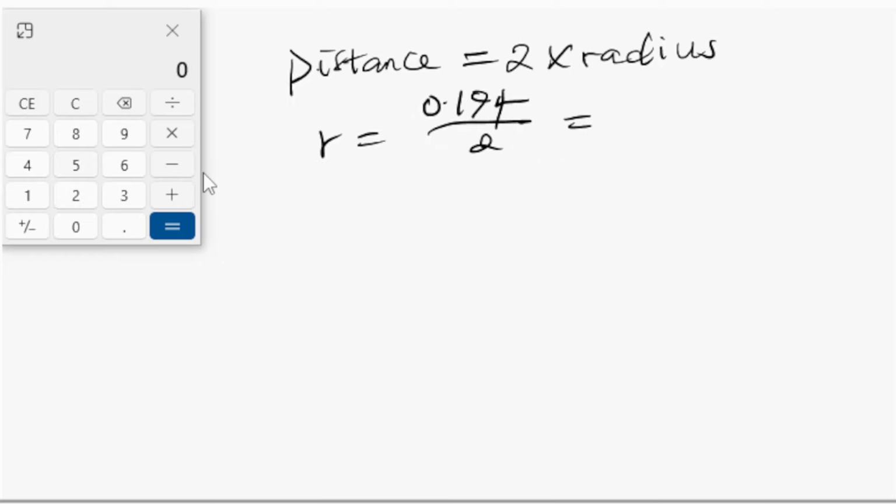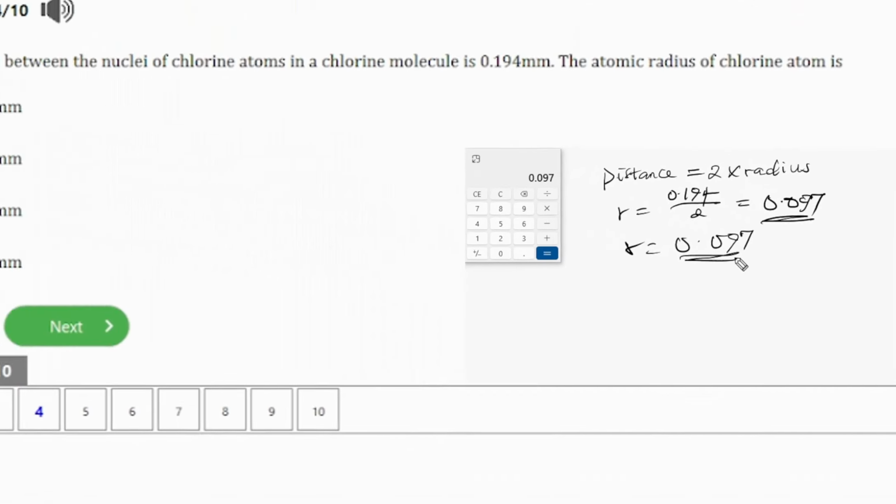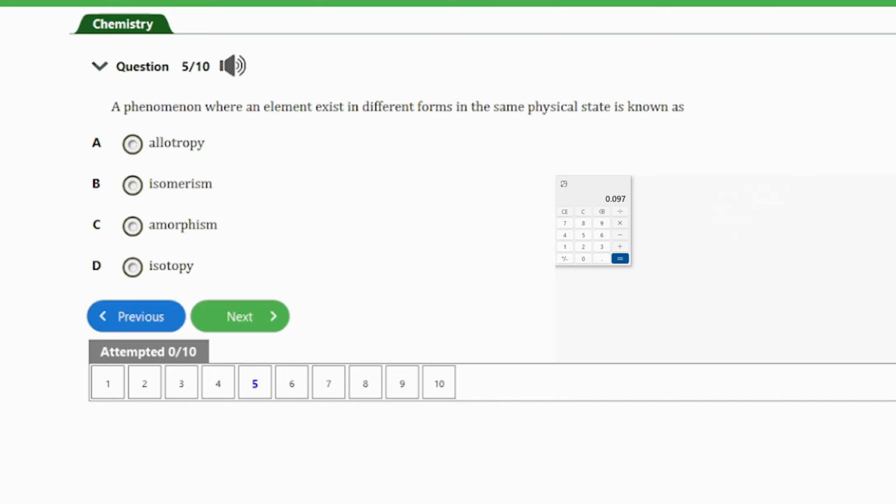So let's go ahead and check this on our calculator. 0.194 over 2, and that's 0.097. So guys, R here, or the radius, is 0.097. And guys, that's option C here. That's the answer to this question. So let's go ahead and wipe this, and then let's consider the next question.